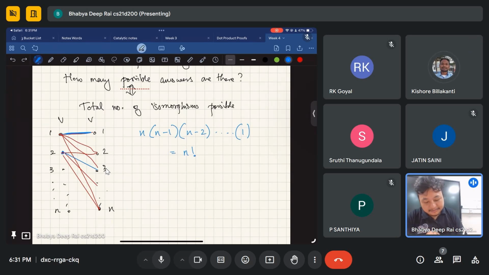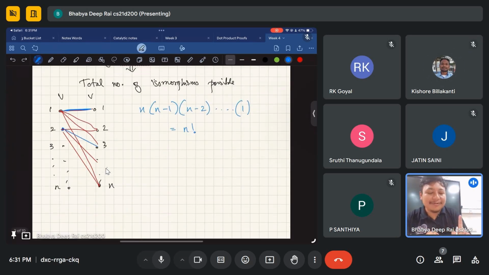Even if you do it with polynomial, so there are n factorial, and n factorial is really large. It's upper bounded by n to the n, which is something like 2 to the n log n.